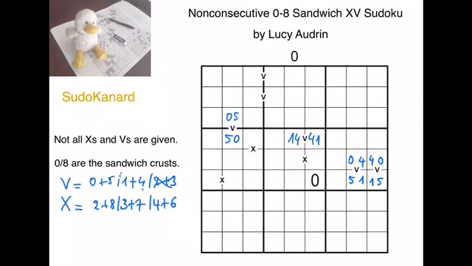Those digits now must include 4 of those digits. Not sure which ones. And now 5 is usable in this variant. 1 must be there. It can't be here, so 1 is in one of those cells. So we know that 2 is not here.